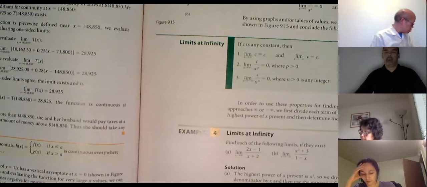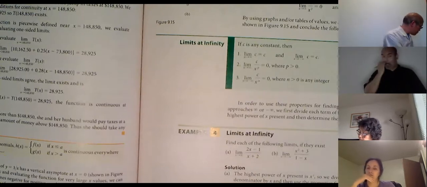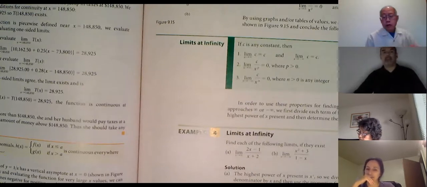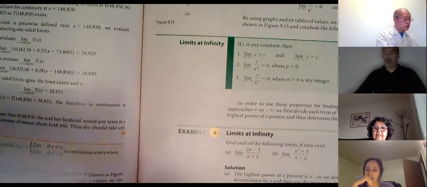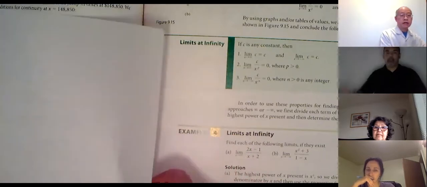Okay, so we have this principle. When you divide by a very, very large number, you end up with a very small number. All right, so let me write something here.